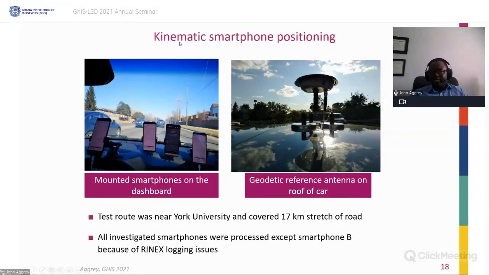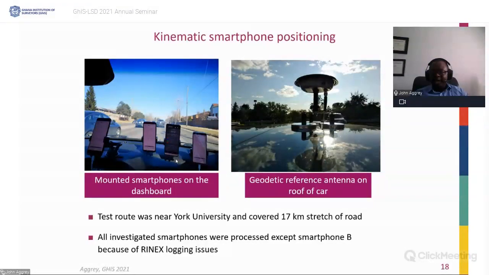By kinematic here, I mean all the phones are in motion, and I'm driving along a particular defined route with them. I drove for about 17 kilometers near the university where I was schooling. I'll just show you the result.